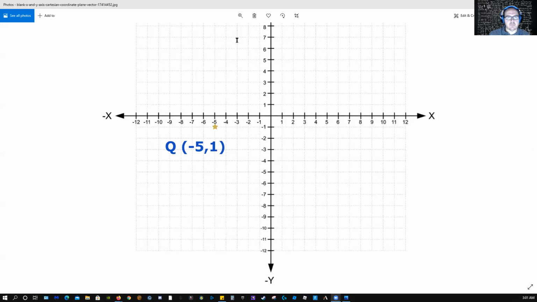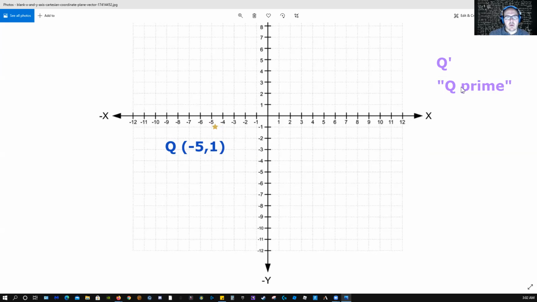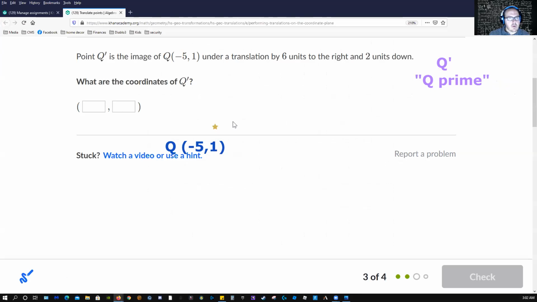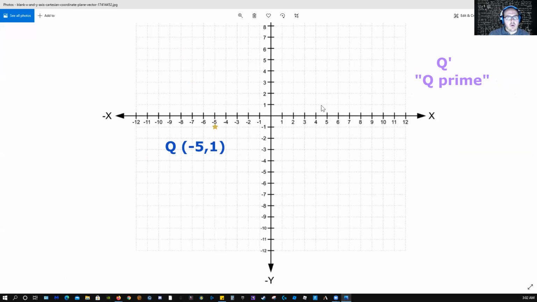Like they said Q, and then they had this weird little, it's not apostrophe, but that's the best image I can. The way we say that is Q prime. And they gave us directions. So let's go back and see what that said. 6 units to the right and 2 units down. Okay.